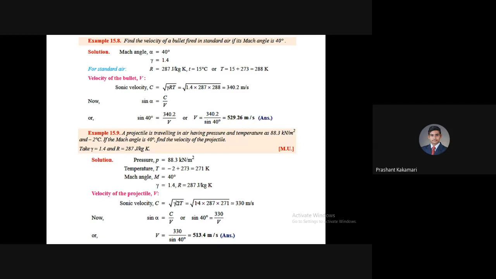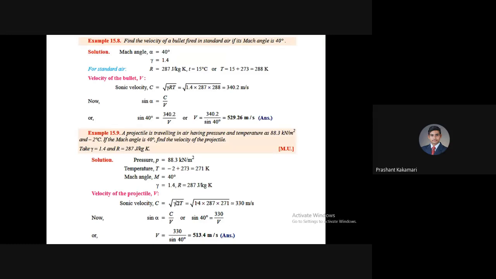At this temperature, the speed of sound C can be found using square root of gamma R T. Here in this chapter, for a given temperature, gamma and R, we have to find the speed of sound. So that is 340.2 meter per second.